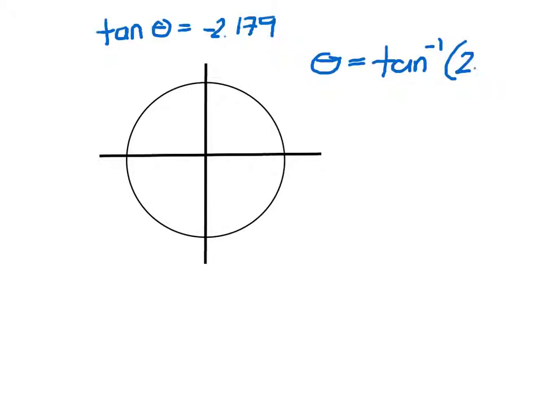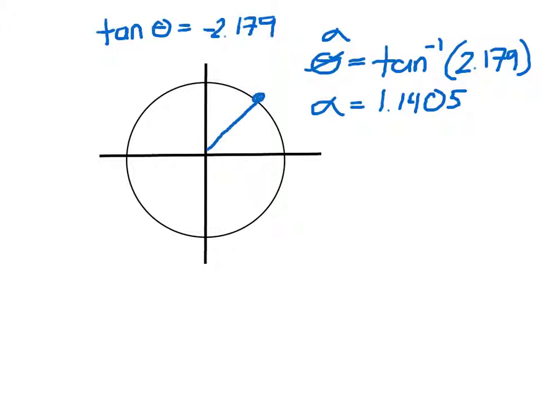So notice I'm using a positive 2.179. If I plug that into my calculator, this is actually alpha. I'm going to find my working angle alpha, which is 1.1405. And so that's this angle right here, alpha.